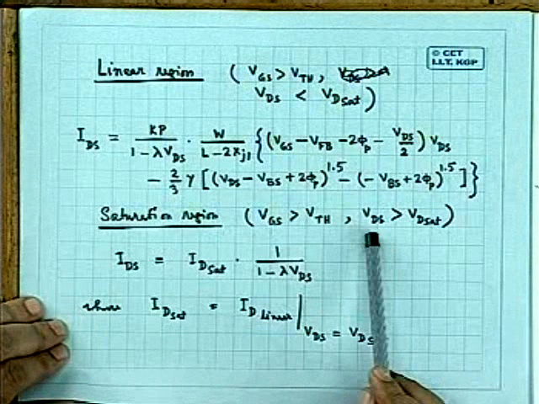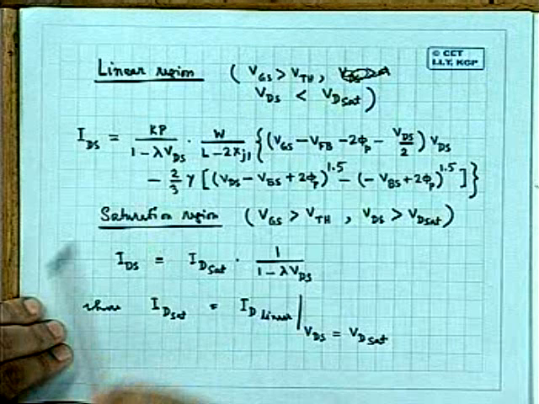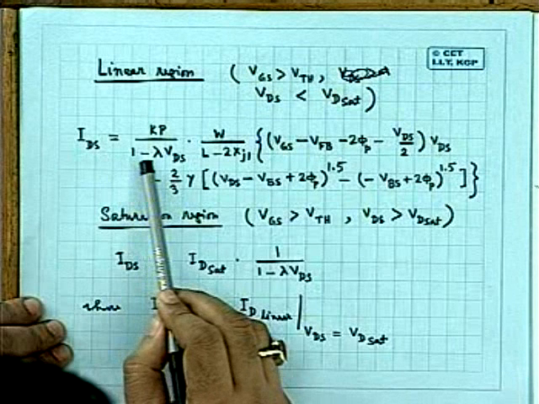We get these two expressions for IDS. This is the IDS expression for the linear region. Note that instead of using the multiplier 1 plus lambda VDS, here we have used a divider which is 1 minus lambda VDS. In fact, it has been found that it helps in fitting better with the experimental characteristics.